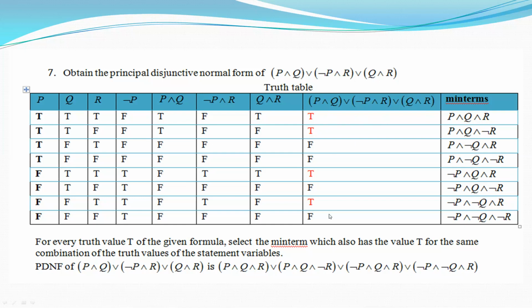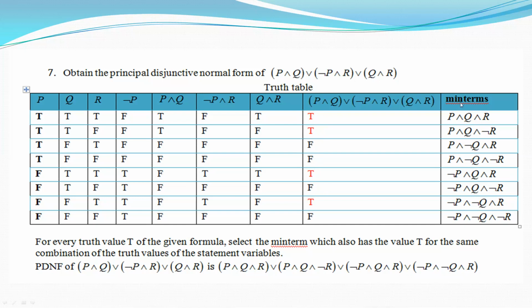After finding the compound proposition column, you have to take the truths and circle them. This is true, this is true, this is true, this is true. After truths, you have to circle. We have four truths: one, two, three, four.